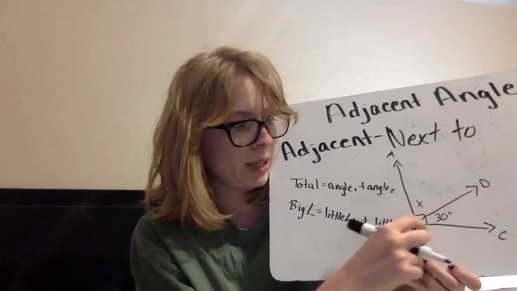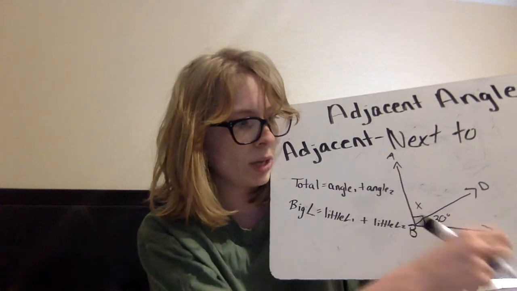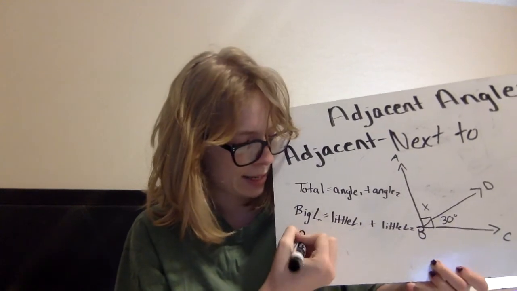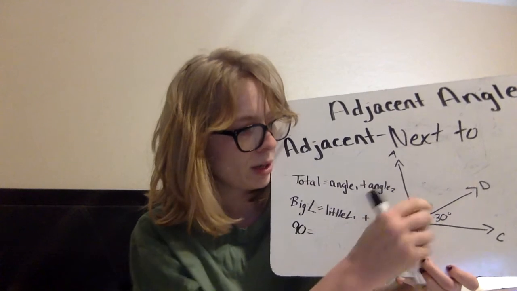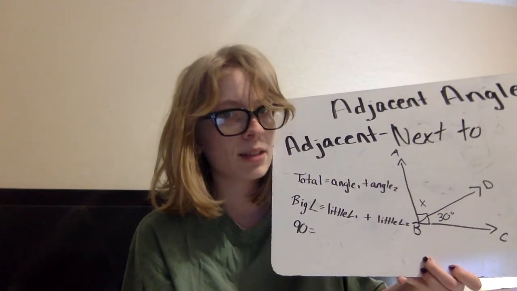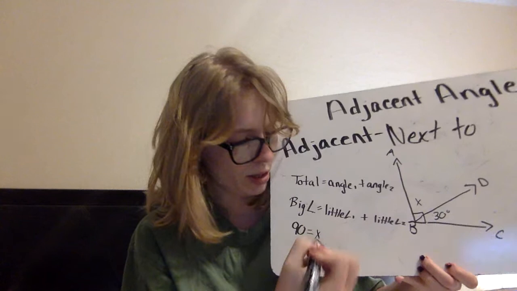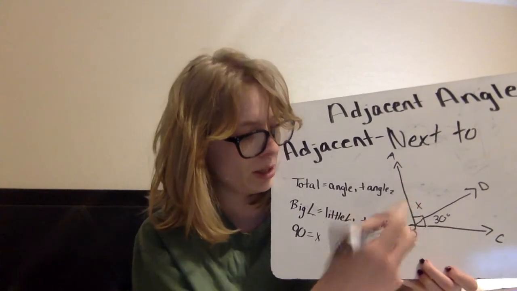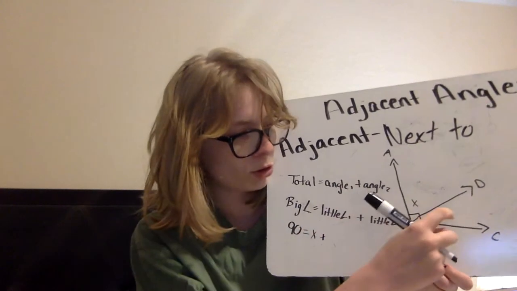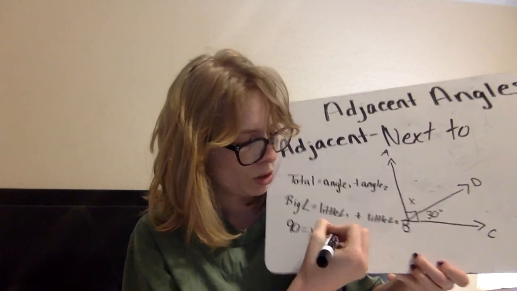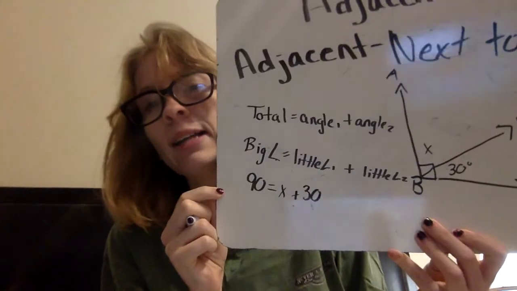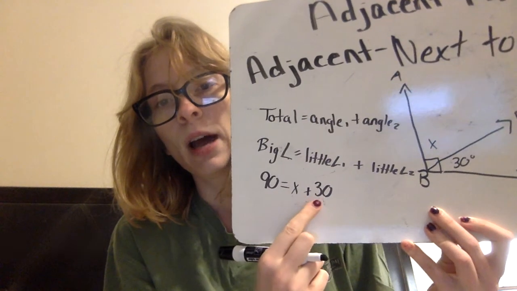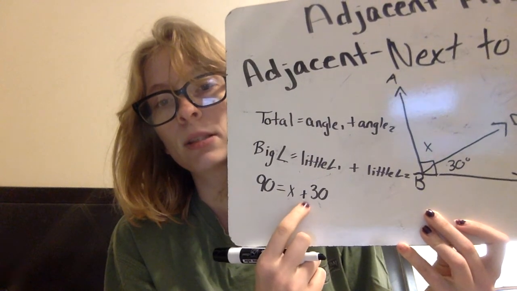So if I know that my big angle, right, my big total angle ABC is equal to 90 degrees, so that's 90 equals, I don't know my first angle, right? That's an x, that's our unknown variable. So x, little angle 1, plus little angle 2 is 30. So now I have 90 equals x plus 30. So to solve this, I just need to go ahead and do the opposite, right?